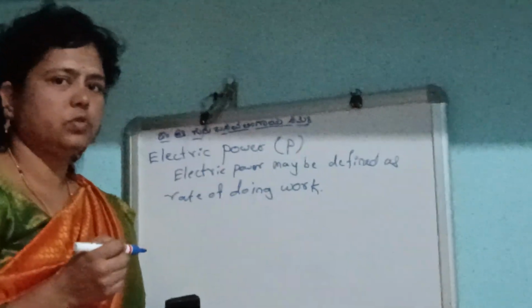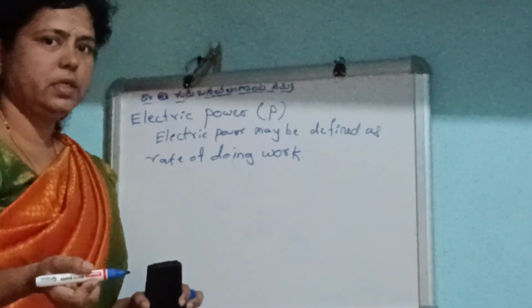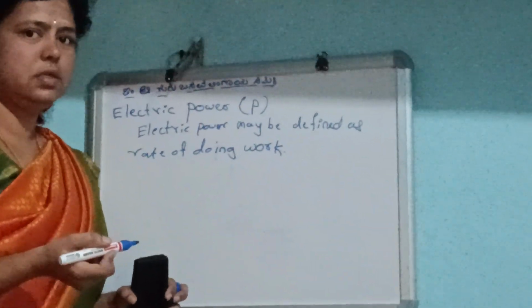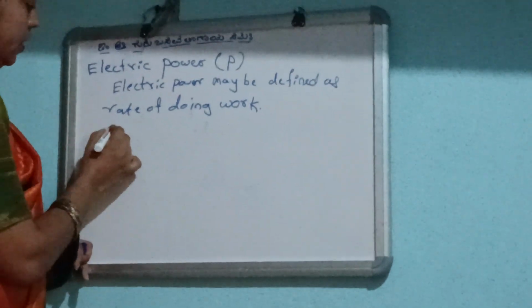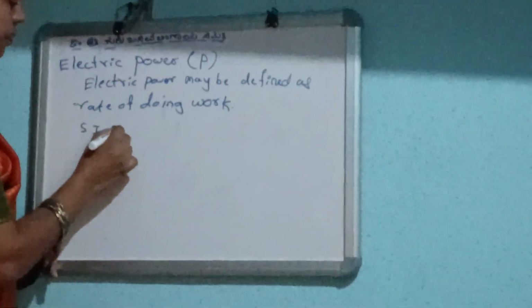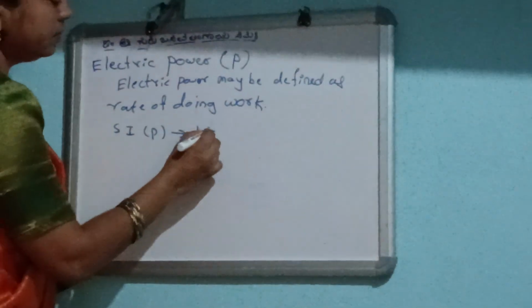When electric current flows through the circuit, it produces heat. Obviously, there is a loss in the power. That is the consumption of the power. And the SI unit of electric power P is watt.